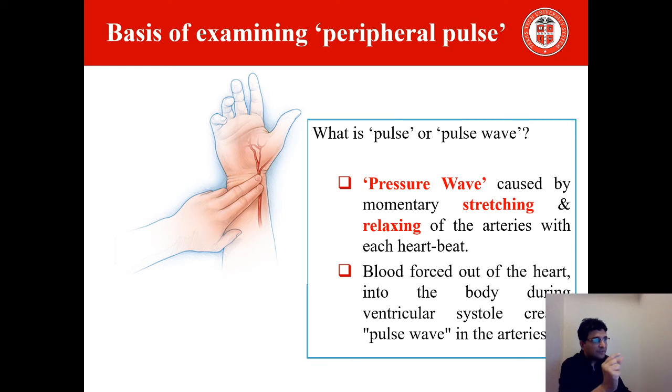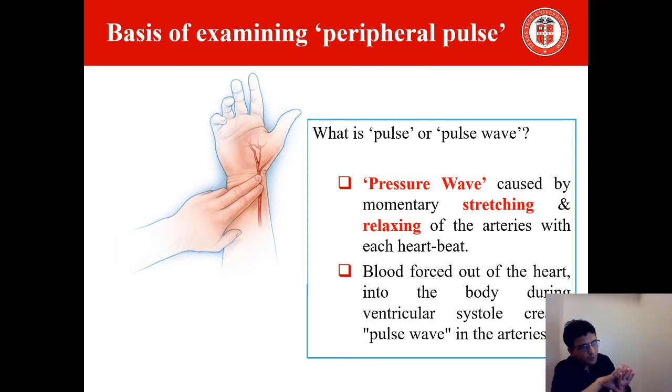So whatever we are trying to palpate is a pressure wave in the arteries which are peripheral. The classical definition says that a pulse is a pressure wave caused by the momentary stretching and relaxation of arteries with each heartbeat.